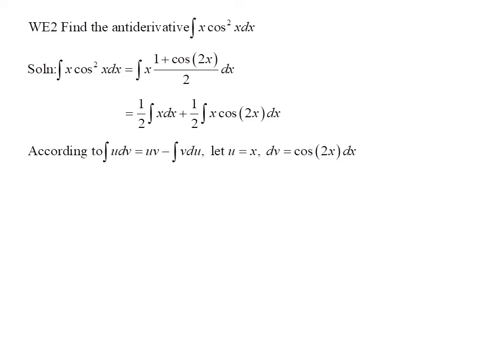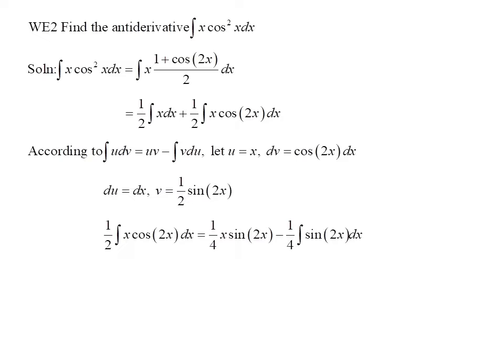We let u equals x, dv equals cos 2x dx. That led to du equals dx and v equals sine 2x over 2. Hence, 1 over 2 times the integral of x cos 2x dx can be written as x sine 2x over 4 minus 1 over 4 times the integral of sine 2x dx, which equals x sine 2x over 4 plus cos 2x over 8 plus c1.